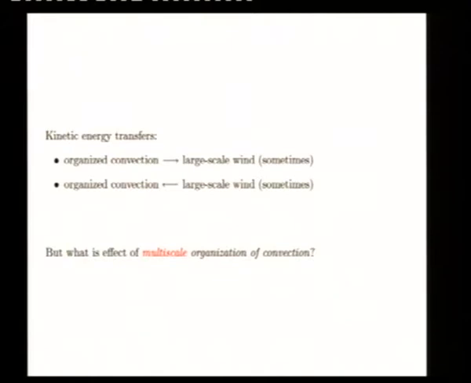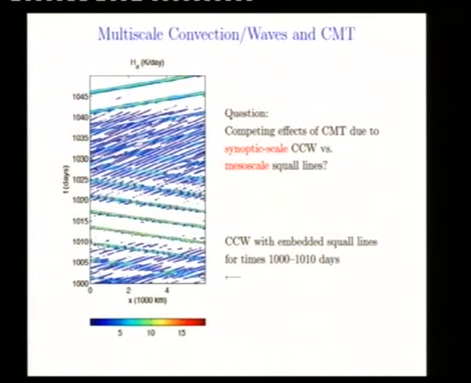One thing that you might start wondering about here is, we've talked about mesoscale and synoptic scale momentum transports. In these situations where you have a multiscale wave, what are the relative roles of these two? If we go back to this picture and think about what happens when you have a multiscale wave, like right here, there's a synoptic scale envelope and mesoscale squall lines.